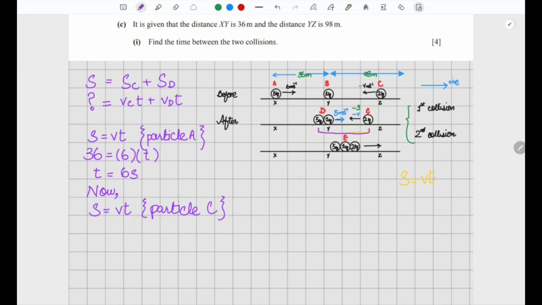How much distance it has covered we don't know, but it has covered some distance in the same time, 6 seconds, to reach from point Z to some point in between Y and Z. What is the velocity of particle C? We know it to be 3, we just found it. So 3 times 6 will be the distance particle C has covered. So this is 18 meters.